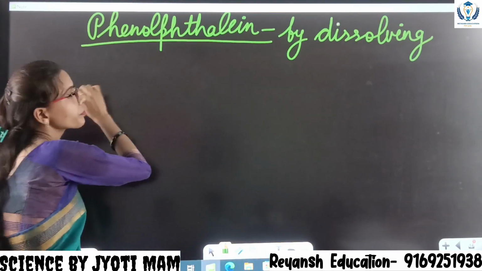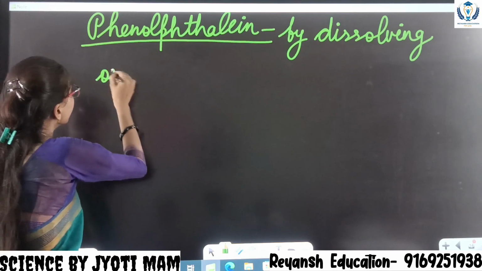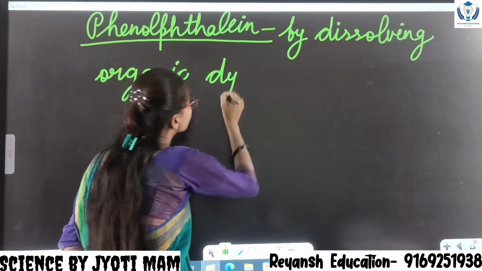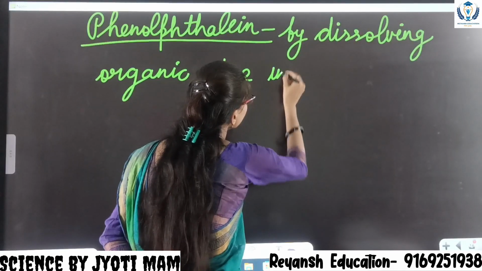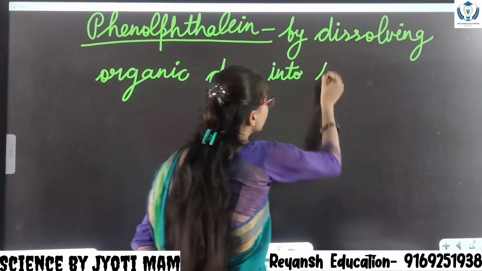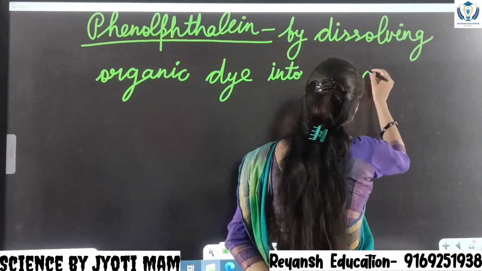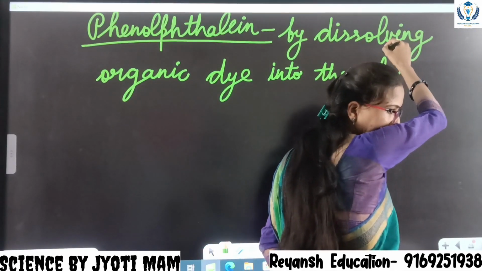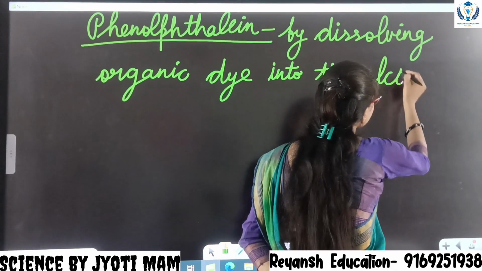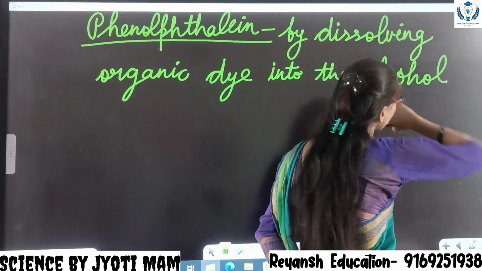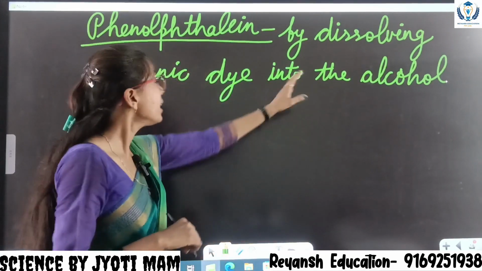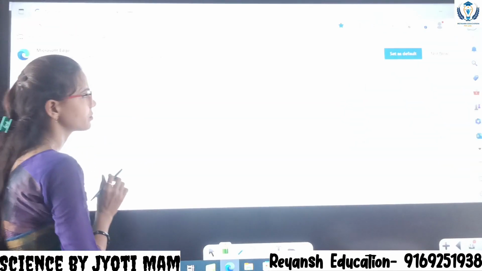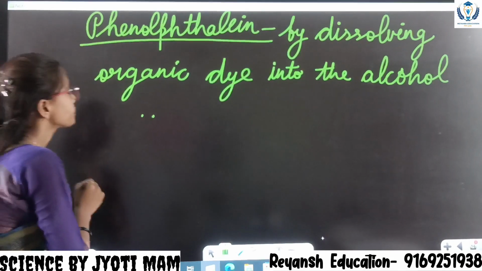By dissolving organic dye into the alcohol, we can prepare the phenolphthalein indicator.